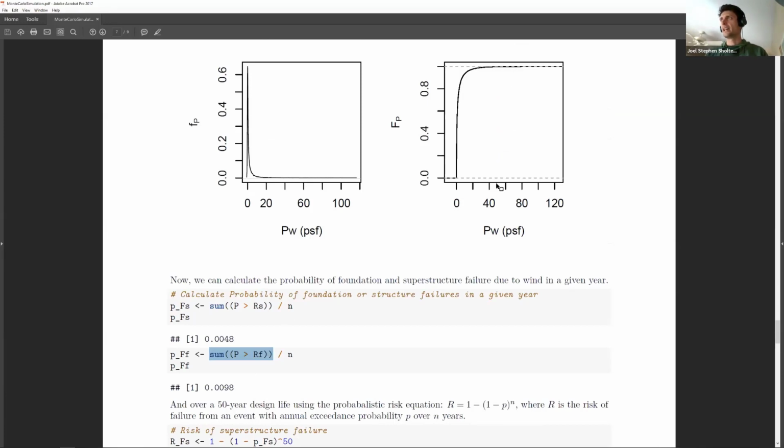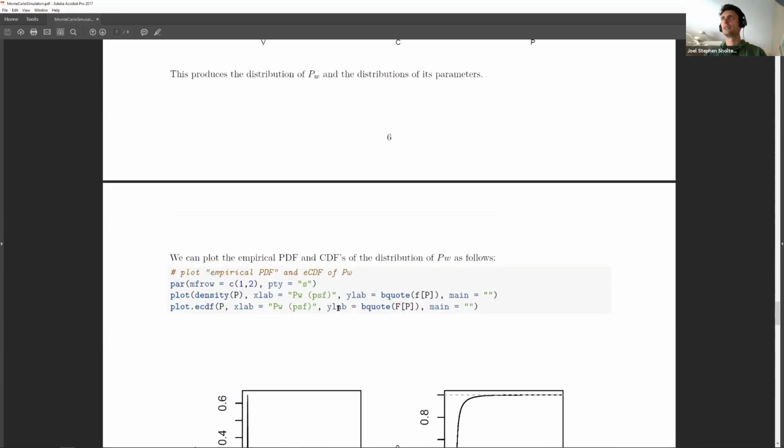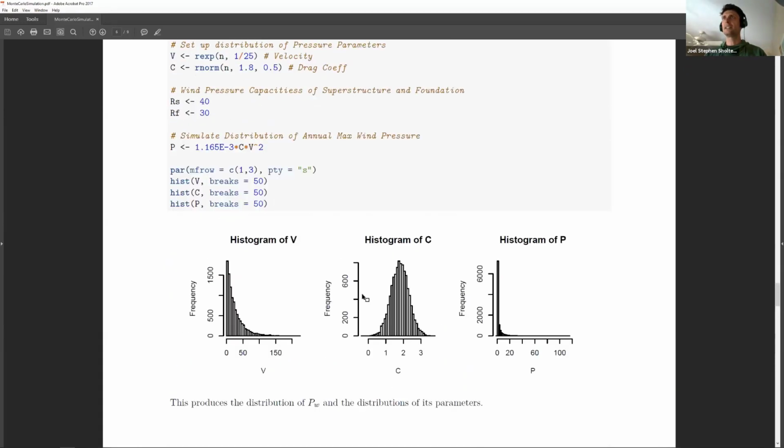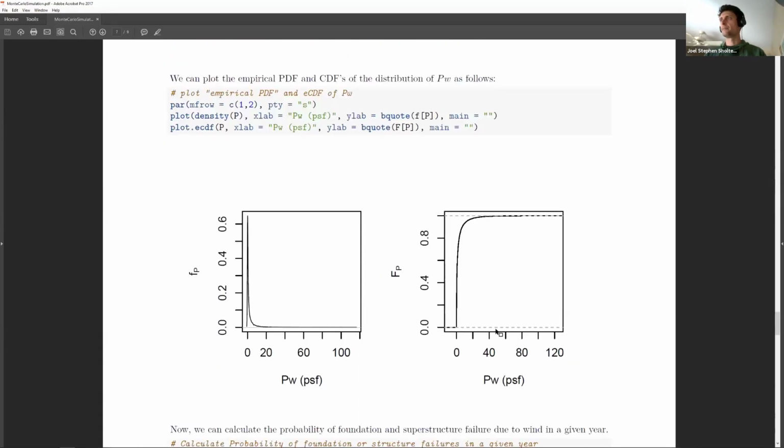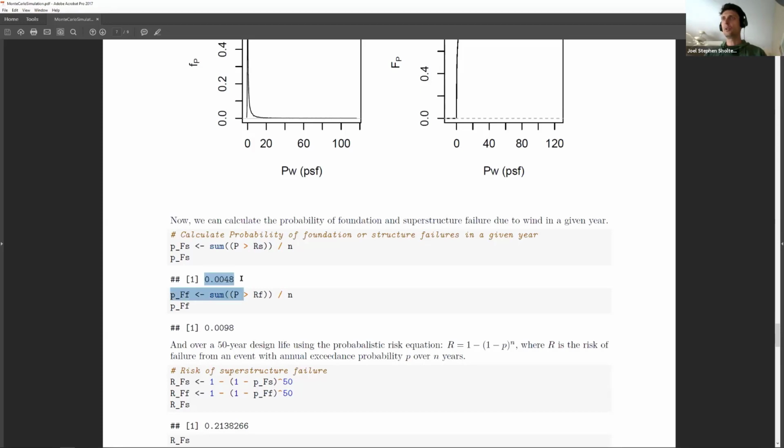You could think of this as our RS value, which we defined above: RS is equal to 40 PSF. So if we go to 40 PSF, we hit the cumulative distribution function here. We draw across, and then we do 1 minus that value, and that's what gave us this tiny 0.0048 value.